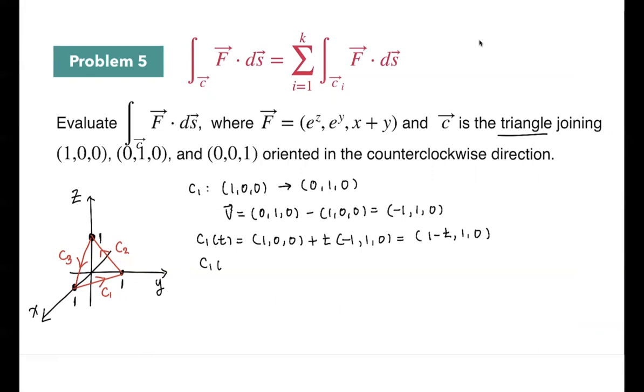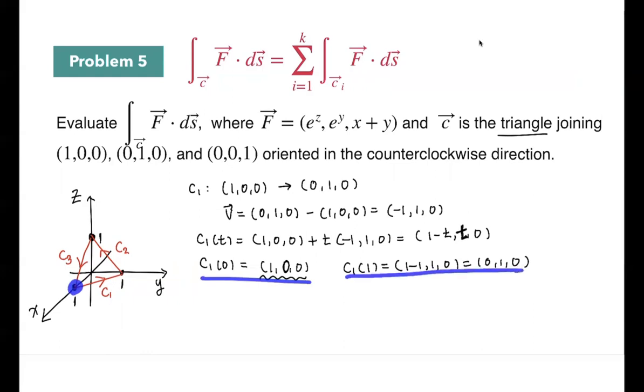Sorry, I made a mistake here. Here it must be t, so the second coordinate is t. Then you can check that C1 of 0 is our first given point, the start point, 1, 0, 0, and C1 of 1 is given by 1 minus 1, 1, 0, so 0, 1, 0, our end point, okay? C1 of 0 is our start point, and C1 of 1 is our end point, and it is a linear line. So we can parameterize C1 of t using this method.